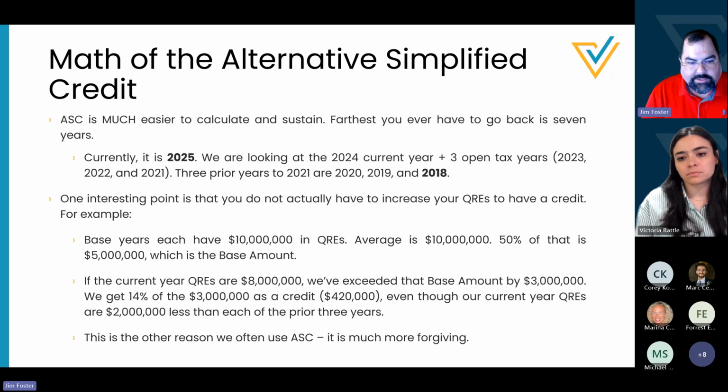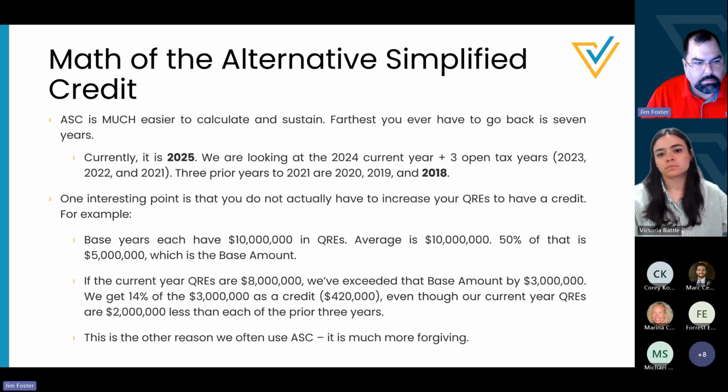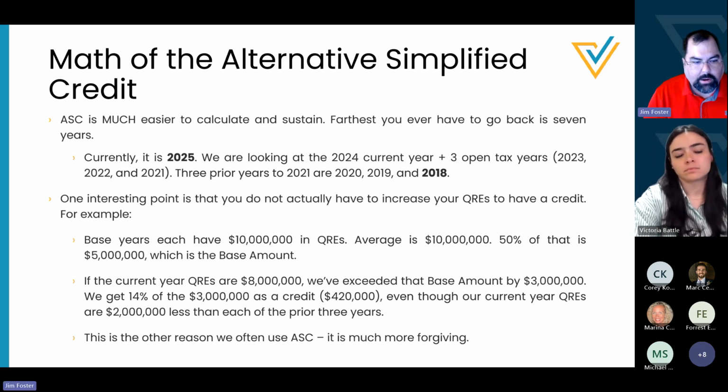If the current year QREs are 8 million, we've exceeded that base by $3 million, and that generates a $420,000 credit, even though our current year QREs are 2 million less than the 3 prior years. So a lot of times, even if you have the regular credit there, you want to evaluate the ASC because it may be giving you a better option because it's much more forgiving.